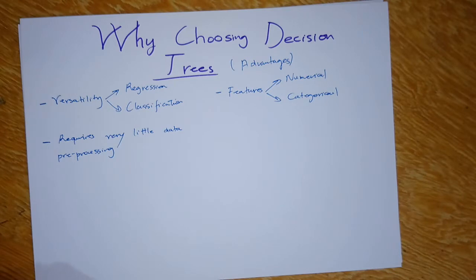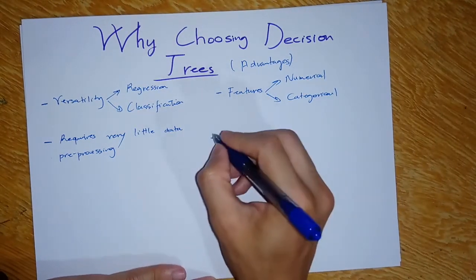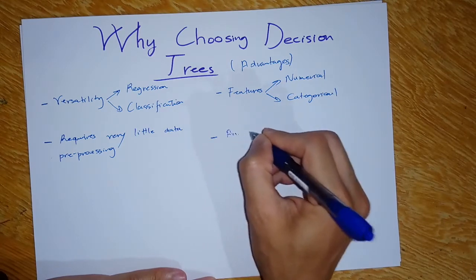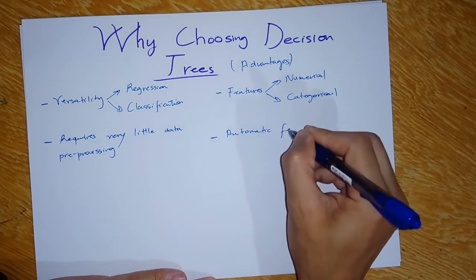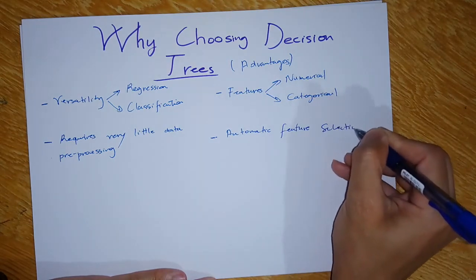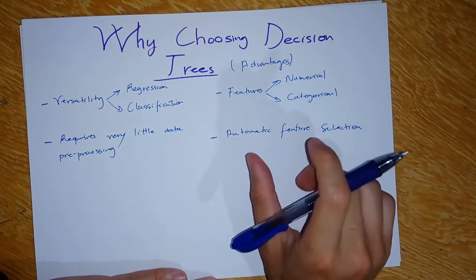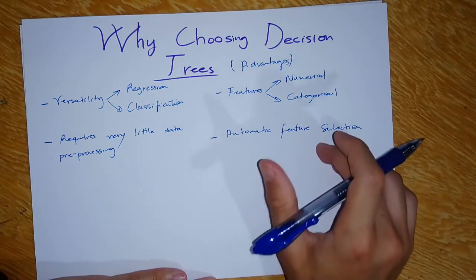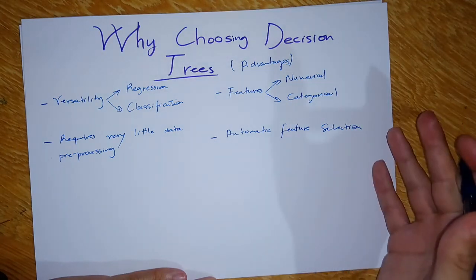And another advantage, which is a very nice property actually, is that decision trees have the property of automatic feature selection. So what is the meaning of this? This means that the decision tree uses the most relevant features.